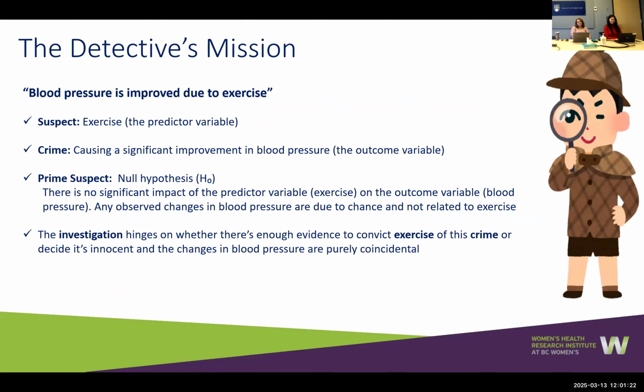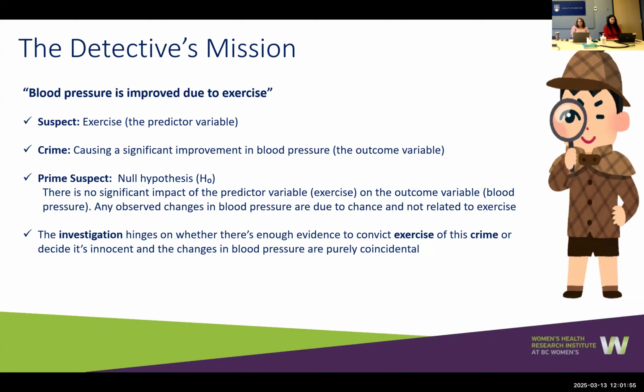But basically, our detective is on a mission. He has a question: blood pressure is improved due to exercise. So for this specific situation, if we transfer it to a mystery story, our suspect is exercise because it's the predictor variable and it's doing something. What is our crime? Causing a significant improvement in blood pressure due to our suspect's work. So our prime suspect in this case will be our null hypothesis.